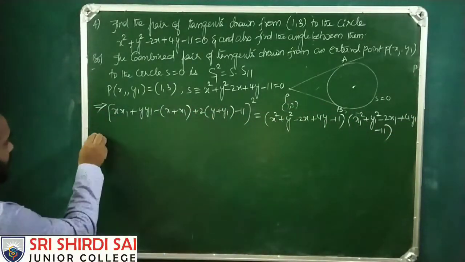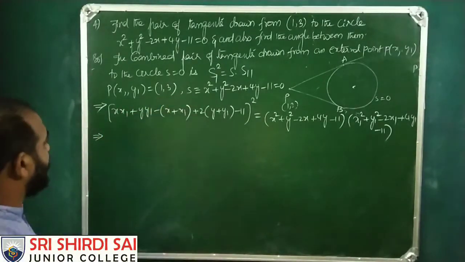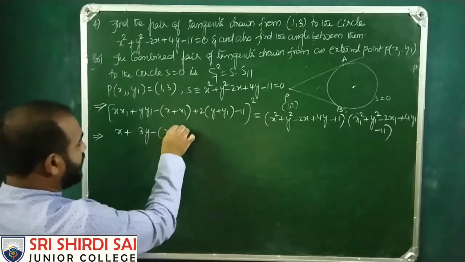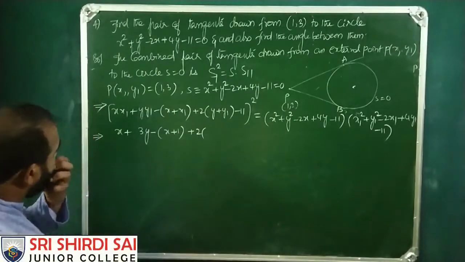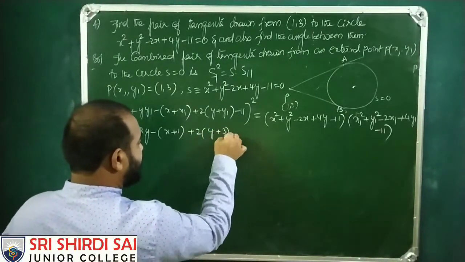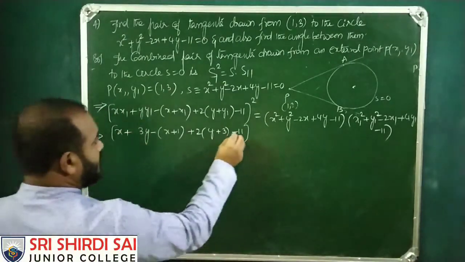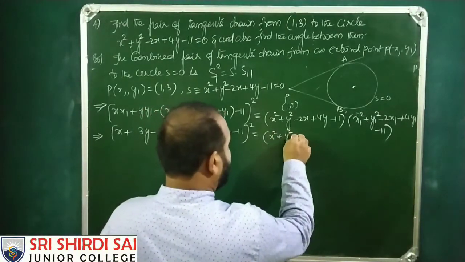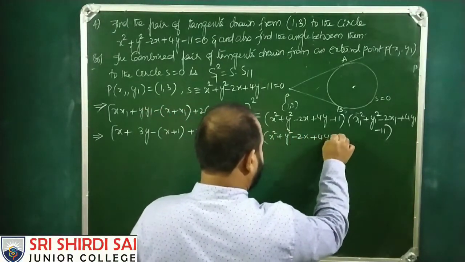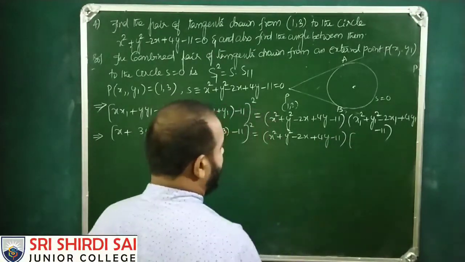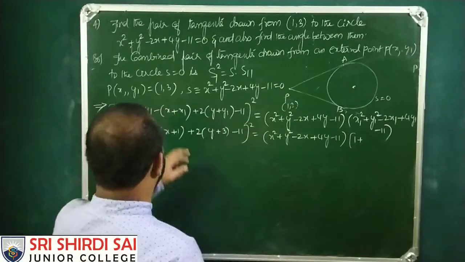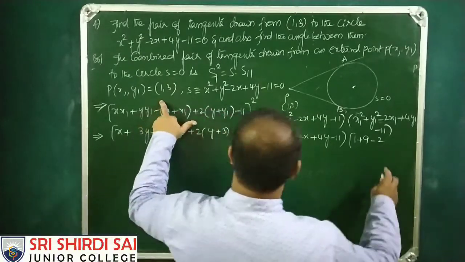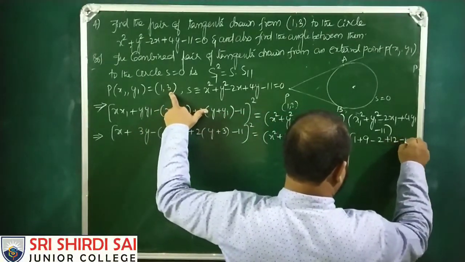So simply substitute (x1, y1) equals to (1, 3). So (x plus 3y minus (x plus 1) plus 2 (y plus 3) minus 11) whole square is equals to (x square plus y square minus 2x plus 4y minus 11) into x1 square 1, plus y1 square 3 square 9, minus 2 ones are 2, plus 4 threes are 12, minus 11.